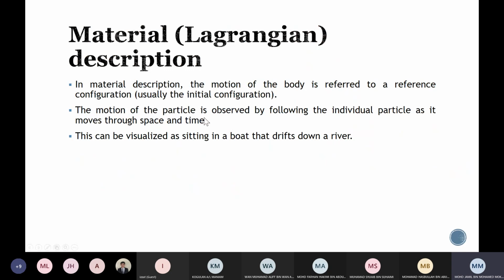It is similar to visualizing a movement as if you sit on a boat moving along the river. You calculate your motion while you are still in the boat, so you feel that you are not moving, but your surroundings are moving. The motion of the particle is observed by following the individual particle as it moves through space and time.